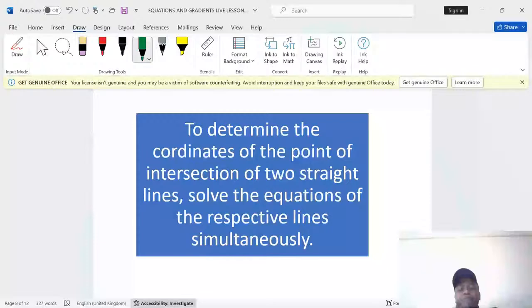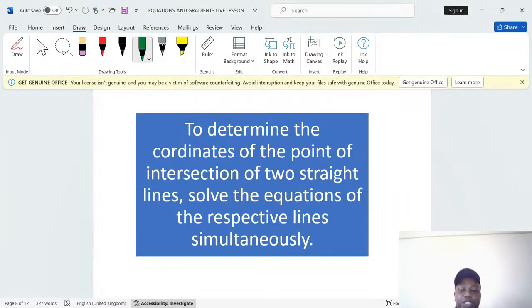When we are handling graphs and coordinates, if you remember very well, you will discover that you talked about simultaneous solutions of equations using the graphical method.